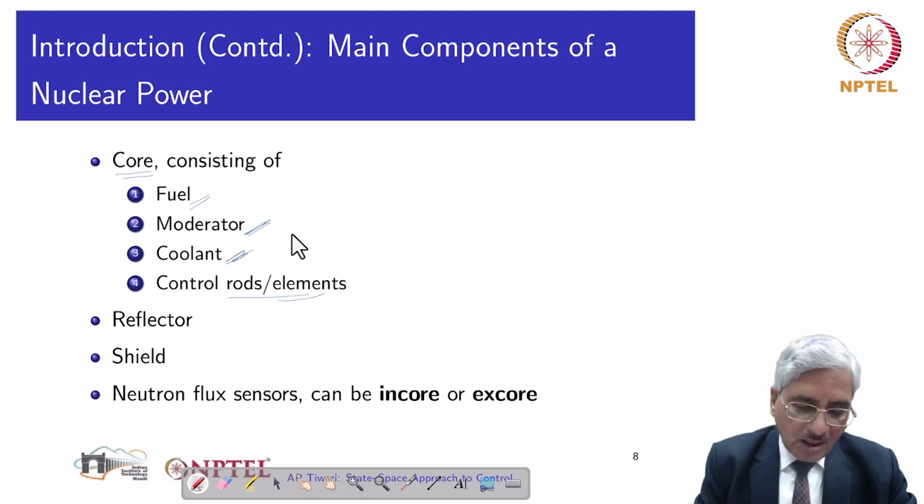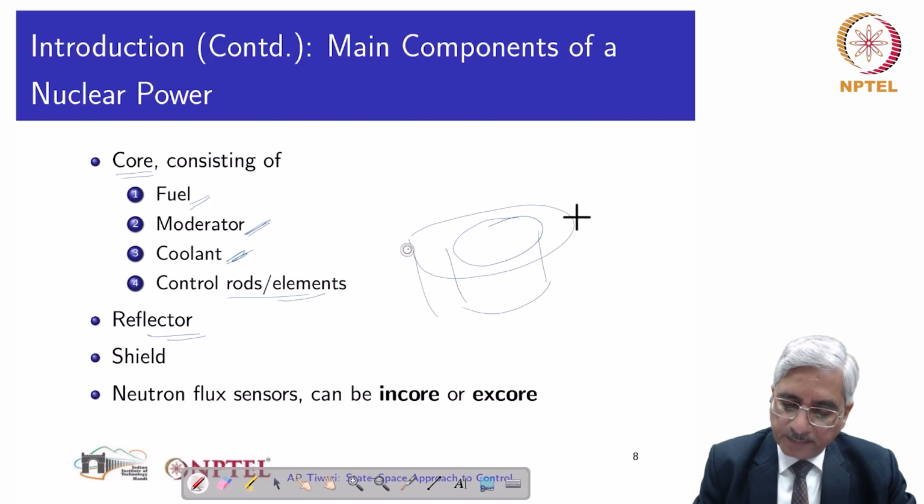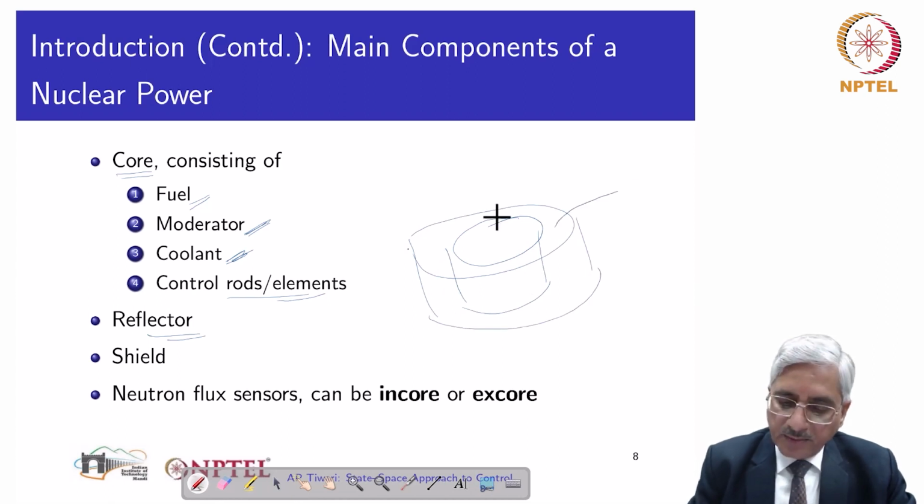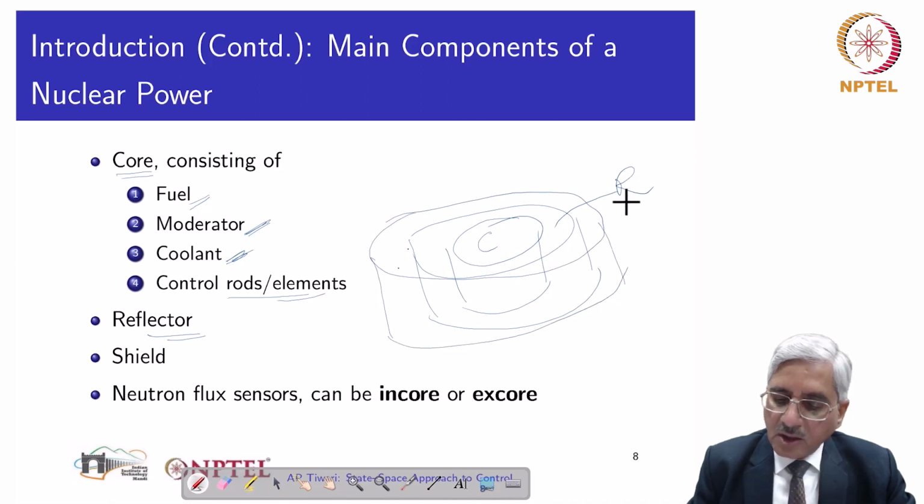Besides these, there is the reflector. The core is surrounded by the reflector, and it is further surrounded by the shield. The reflector's job is to send back neutrons which would have otherwise leaked out.